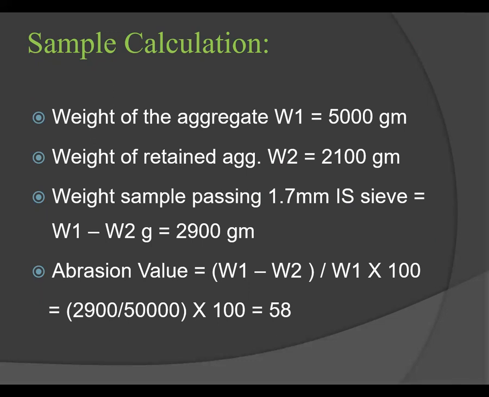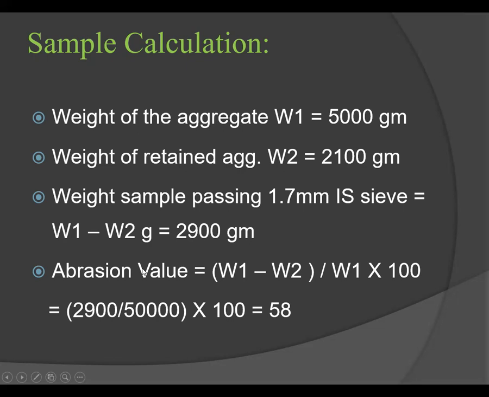Suppose the weight of the aggregate, W1, is 5000 grams, and the weight of the retained aggregate, W2, is 2100 grams. Then the weight of the sample passing through the 1.7 mm IS sieve is 5000 minus 2100, which is 2900 grams.